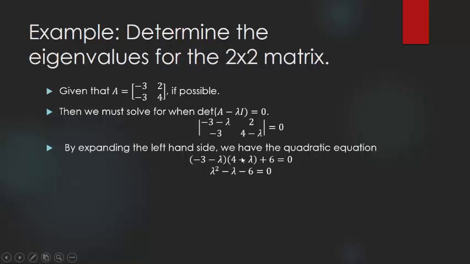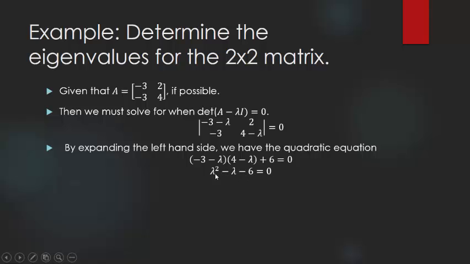You'll notice the lambdas were both negative, so I have a positive lambda squared. I had a positive 3 lambda minus 4 lambda, which gives me a negative lambda, and then this should be a positive 6. No, a negative 6, I apologize. So negative 3 times 4 is negative 12, plus 6 gives me negative 6.